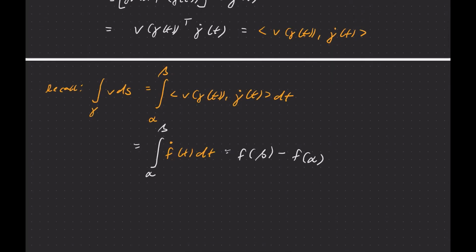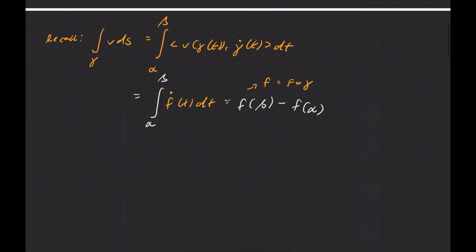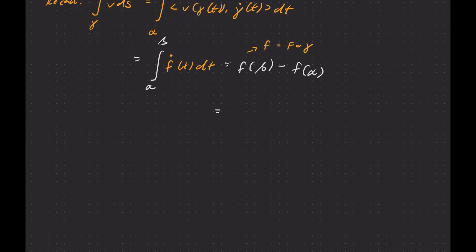And now remember, small f is defined as capital F after gamma. So we can rewrite that expression here as capital F of gamma of beta minus capital F of gamma of alpha.